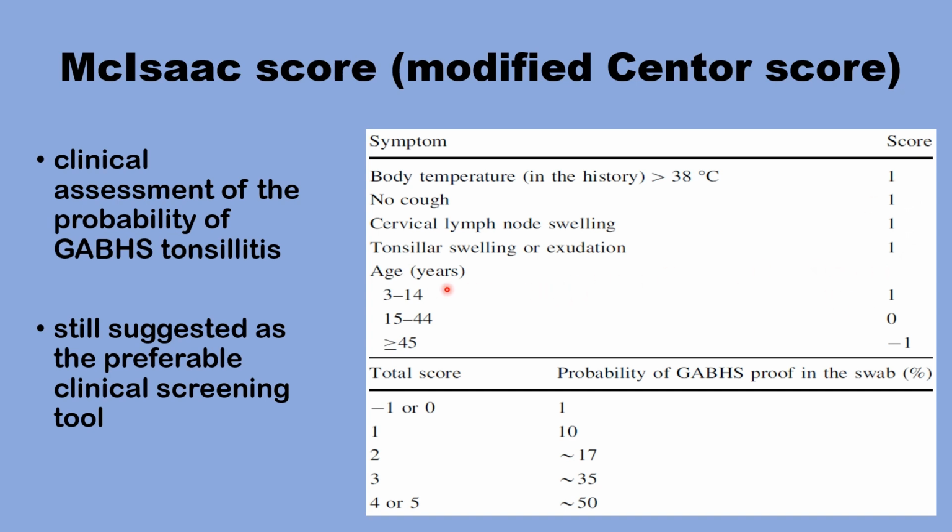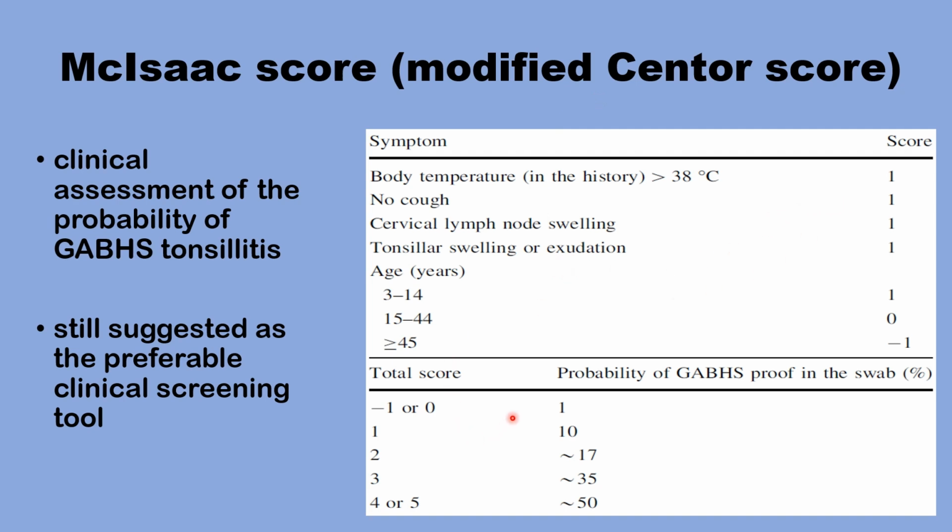If patients are below 15, then they would have 1 point. If the patient is more than 45 years of age, then you subtract 1 point, and between 15 and 44 you get a 0. And again, the likelihood of having a group A beta hemolytic strep increases with the increase in the score.